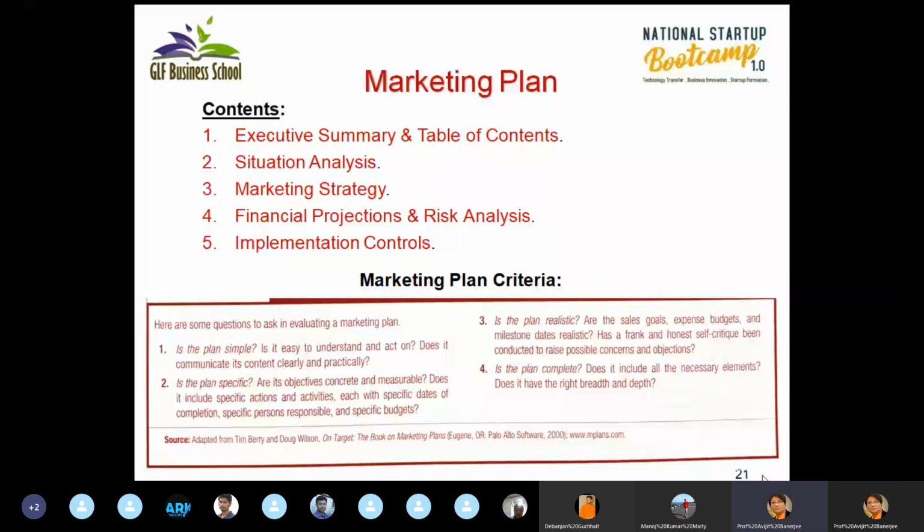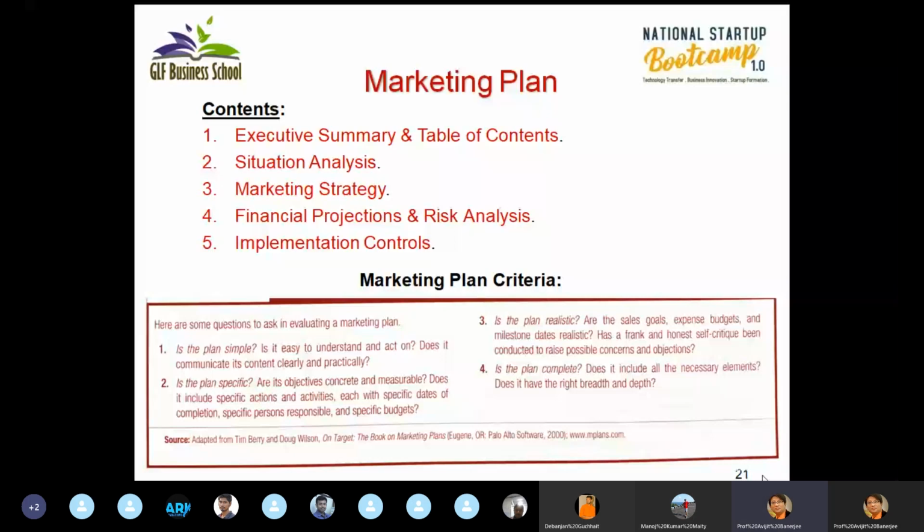The marketing plan criteria involve some basic questions to evaluate the marketing plan. Is the plan simple? Is it easy to understand and act on? Does it communicate its content clearly and practically?